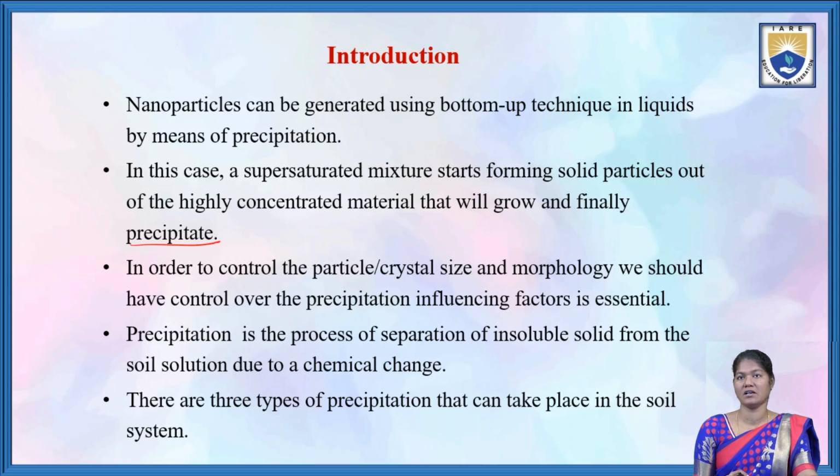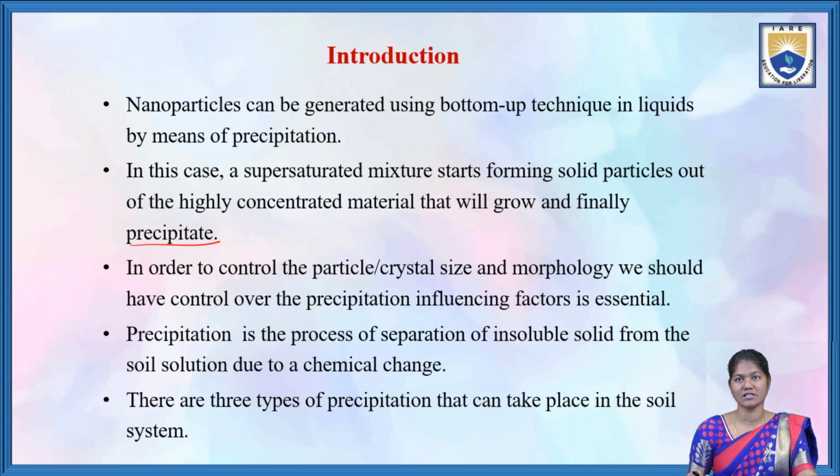So, when the solute is added to a highly concentrated solvent, the remaining amount of solute will be there in the solvent itself. It would be in the supersaturated state.